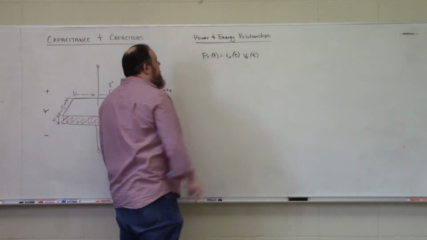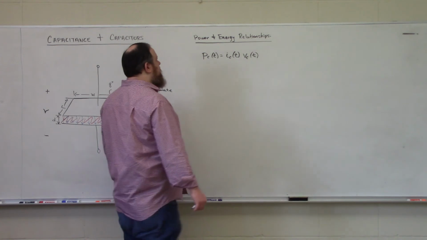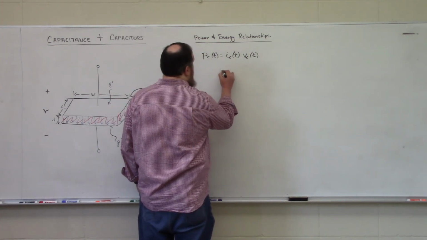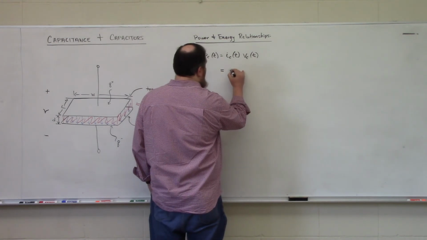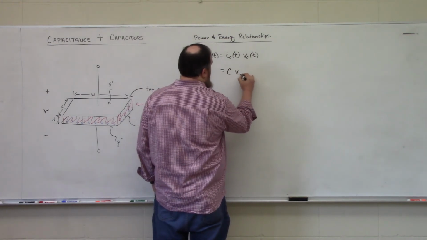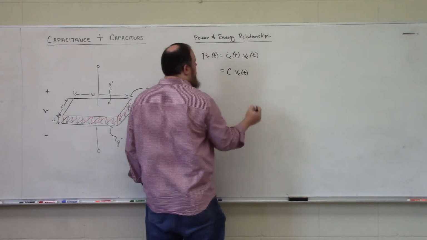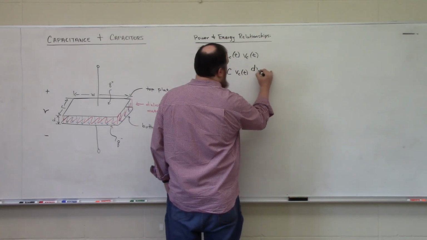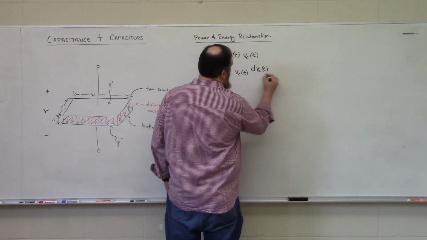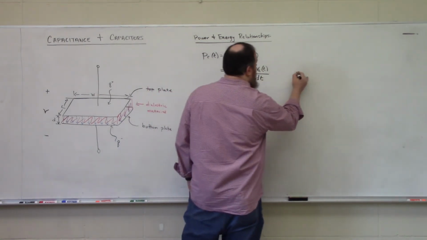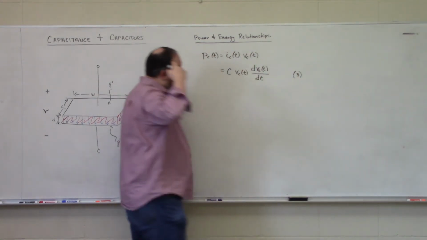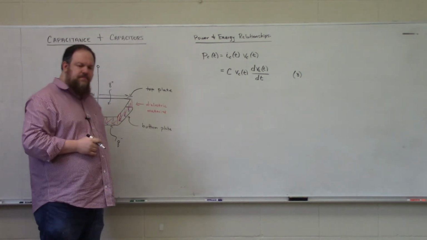Since Ic of t can be expressed in terms of Vc of t, we'll often see this rewritten as C Vc times the derivative of Vc with respect to time. So these are our power relationships.